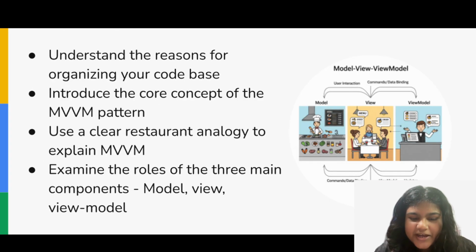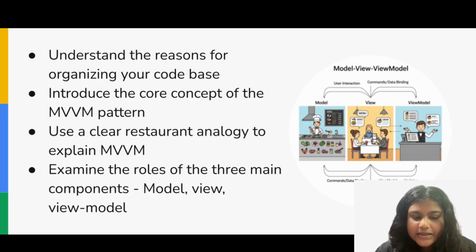Now, as we prepare to move into the practical coding session, I want to summarize what we have discussed so far. We started by identifying the problem that mixing data and design can create a tangled, fragile code base that is a nightmare to maintain. We solved this by adopting the model view and view model pattern, which relies on strict separation of concerns.